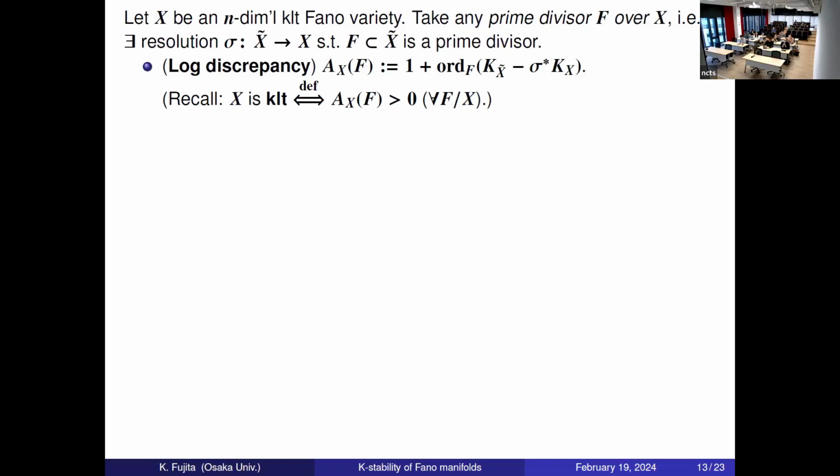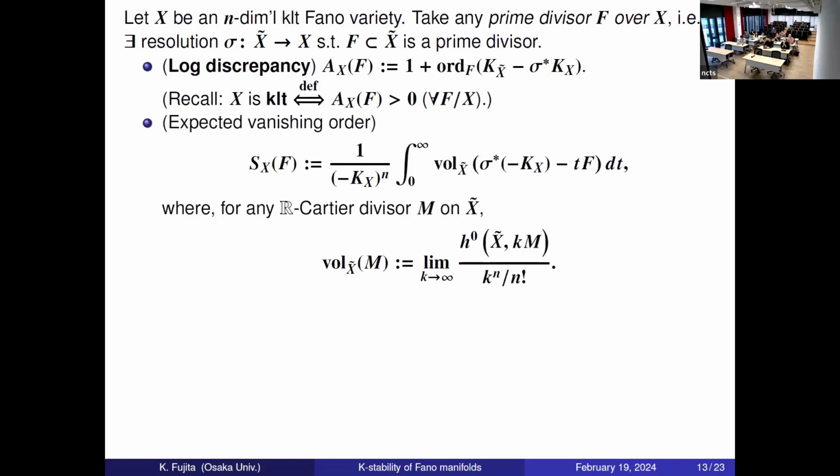So it's highly standard. But the second one is less standard.